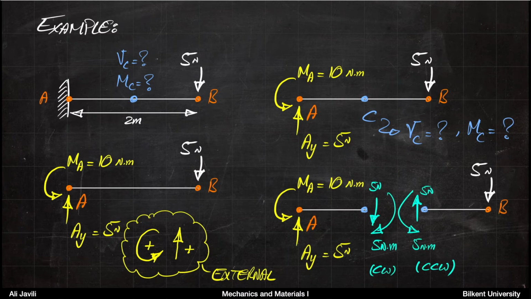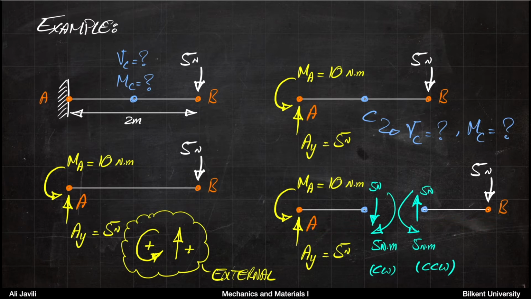So if we cut the beam at the point C, you can look at it from the right-hand side or left-hand side. On the right side, we have the section CB. On the left side, we have the section AC.